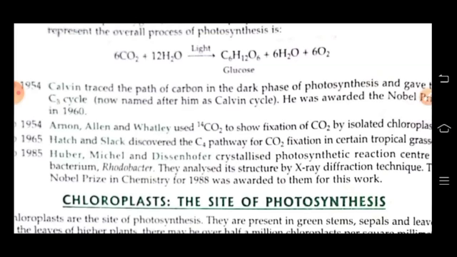Then Hatch and Slack discovered the C4 cycle for carbon dioxide fixation. Deisenhofer, Michel and Huber crystallized the photosynthetic reaction center of the bacterium Rhodobacter. They analyzed its structure by X-ray diffraction technique, and the Nobel Prize in Chemistry for 1988 was awarded to them for this work.